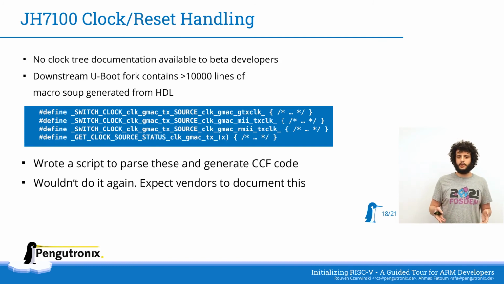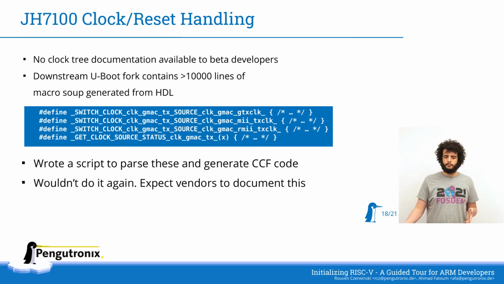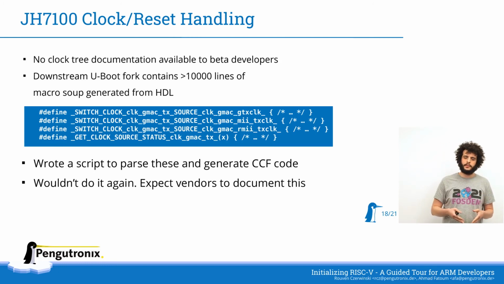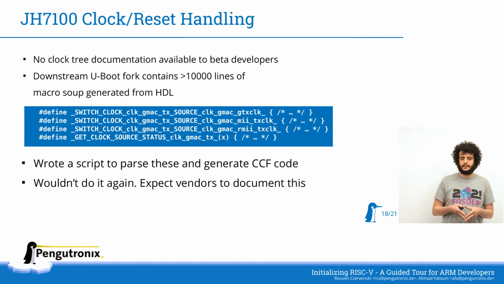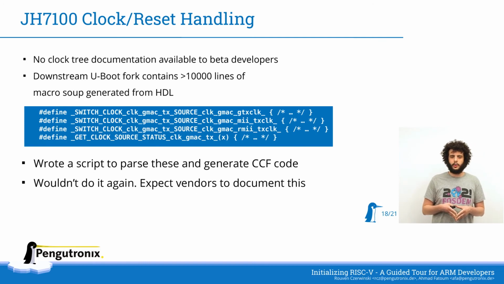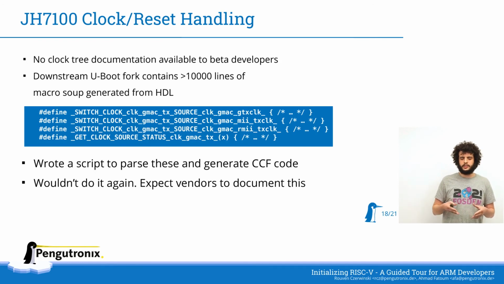Okay, we are a beta developer, we don't have this stuff available yet, but come the end of beta, we will get this data. But the Beagle-V Foundation cancelled the GH7100 based Beagle-V, the Beagle Foundation. And well, I am not sure if the vendor will follow up on the promise to provide documentation now that the pressure went away.